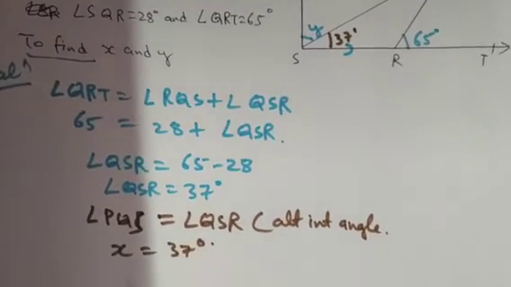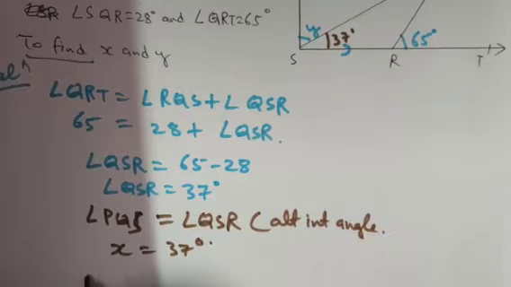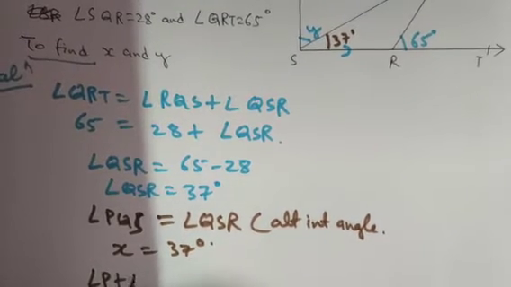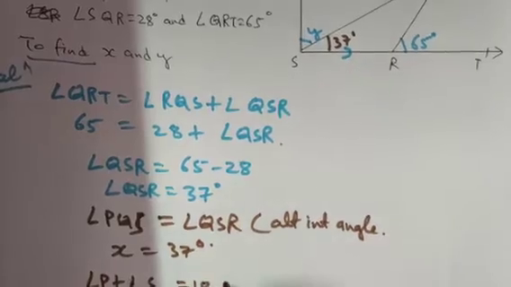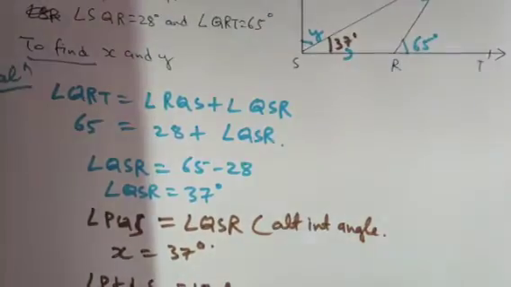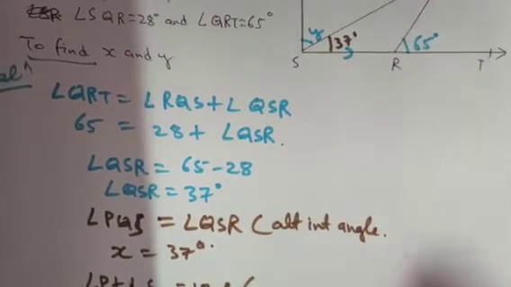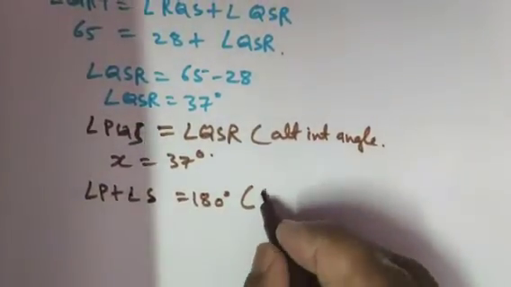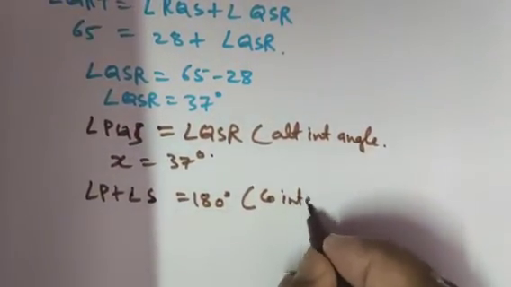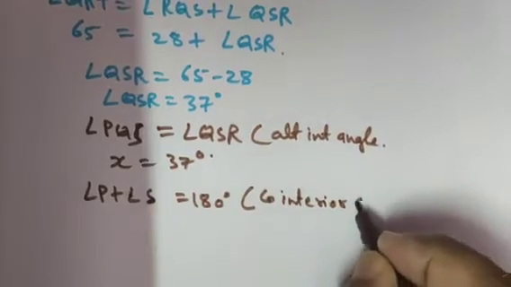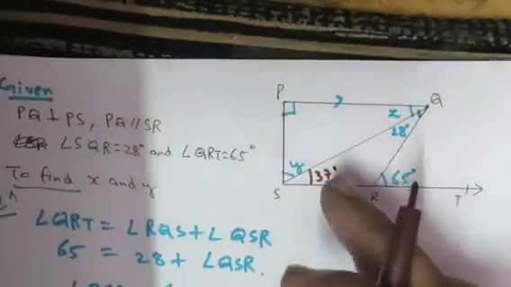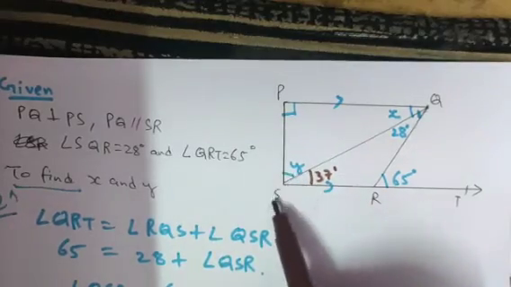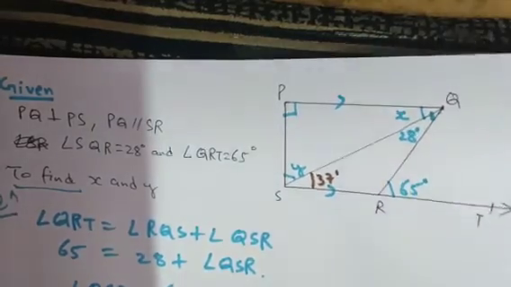Now angle P plus angle S will be equal to 180 degrees, because they are co-interior angles. And we can clearly see here that angle P is 90 degrees and angle S is Y plus 37.